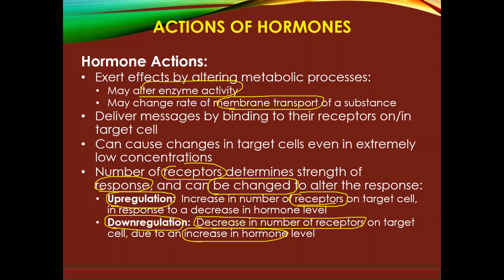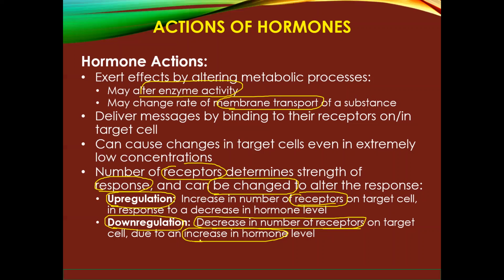So the target cell can regulate, whether upregulation or downregulation. Upregulation means an increase in the number of receptors due to the few hormones released by the endocrine glands. Downregulation means a decrease in the number of receptors due to an increase of hormones produced by the endocrine gland.